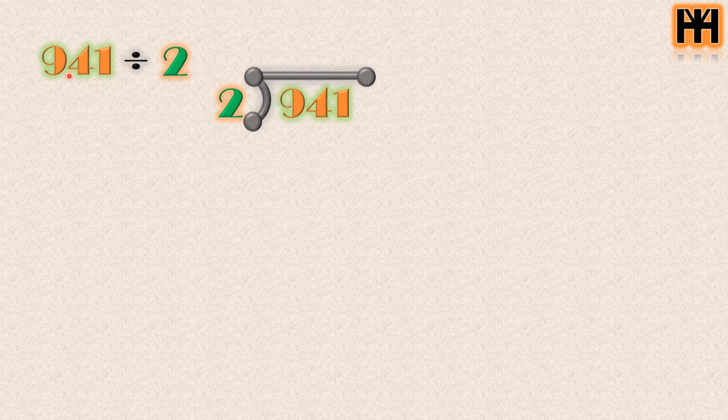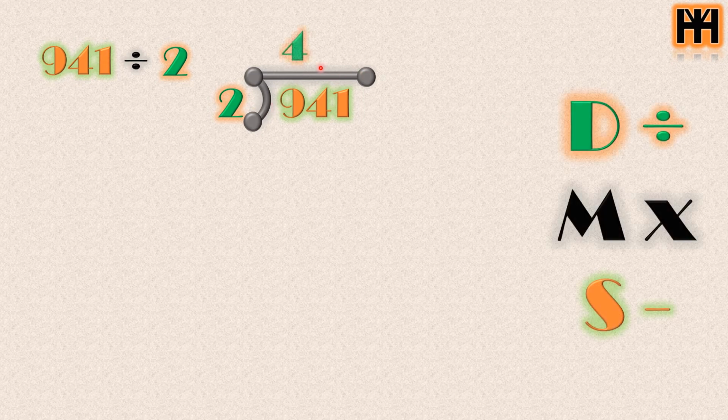Okay, 941 divided by 2, so the 2 is outside and the 941 is under the umbrella. So let's divide. How many 2s are inside the 9? There are 4 2's, then 2 times 4 is 8, then subtract them. That's 1.